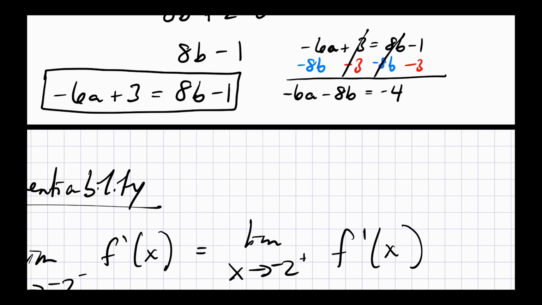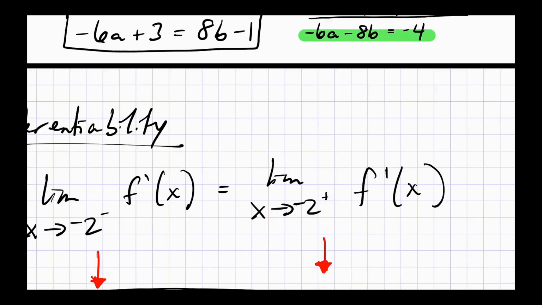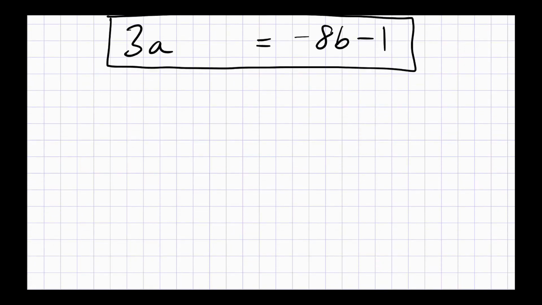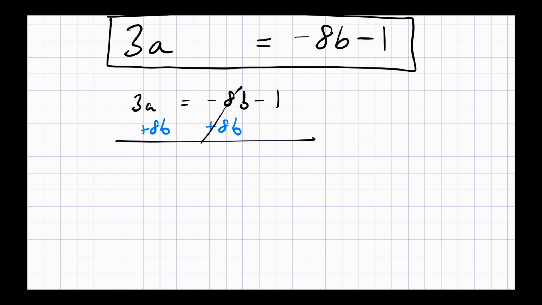Now I'm going to highlight that because I'm going to use it in a second. I'm going to do the same thing for the derivative equation I just did. So I have 3a equals -8b minus 1. I'm going to add 8b to both sides. So I get 3a plus 8b equals -1.